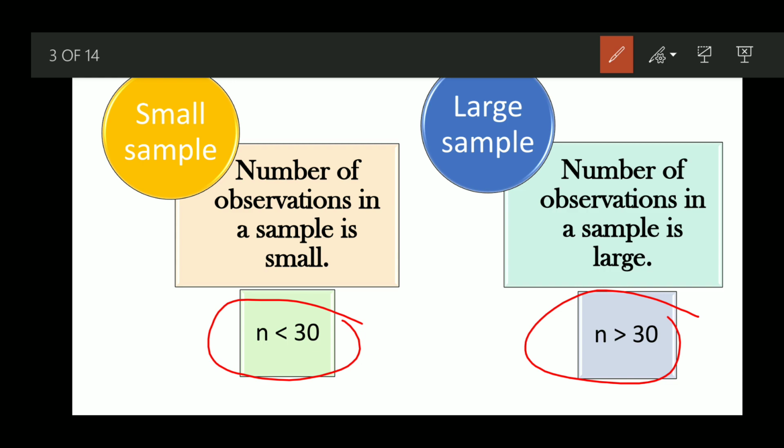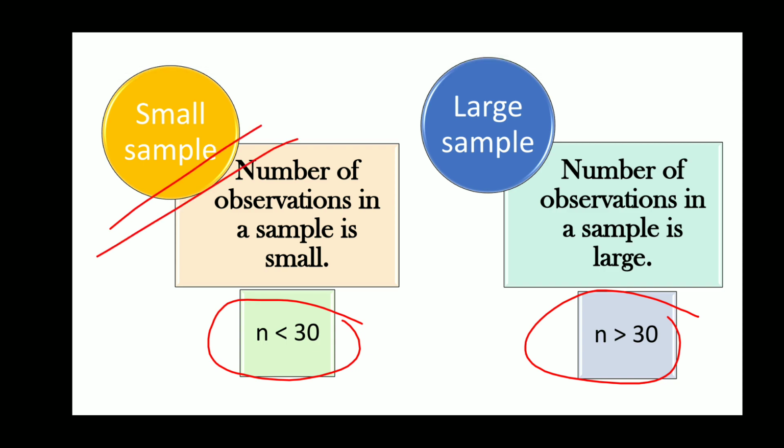If your sample size is less than 30, that means you are dealing with a small sample. It is as simple as that. That means if your sample size is less than 30, you are bound to use the t test, and if your sample size is greater than 30, in that case you have to use the z test for testing any hypothesis related to a population.